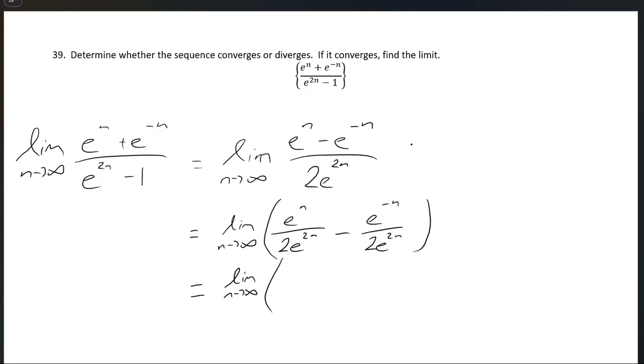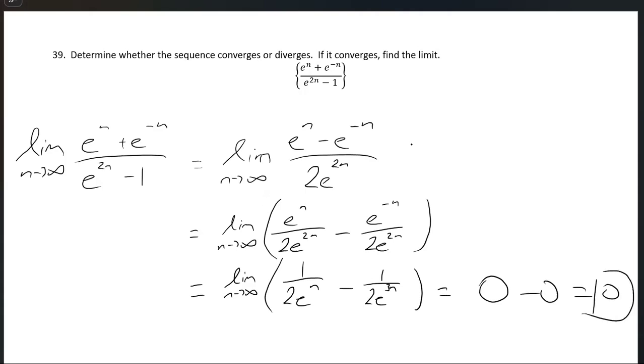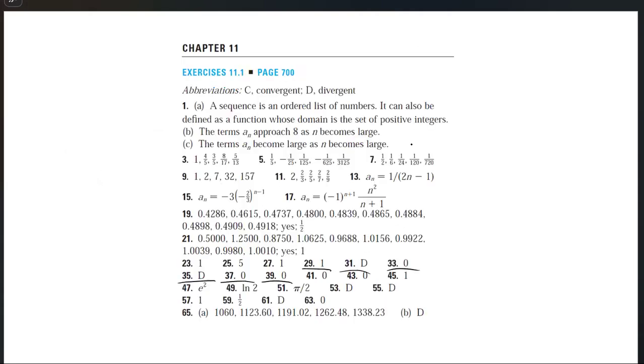So n minus 2n, that's negative n. So we get 1 over 2e to the n on the bottom. Now what about this second one? We can subtract the powers as well. Negative n minus 2n, that's negative 3n, so that is 1 over 2e to 3n on the bottom. And as n approaches infinity, both terms are 0, so our answer is 0. I believe I saw a bunch of zeros upcoming. Okay.